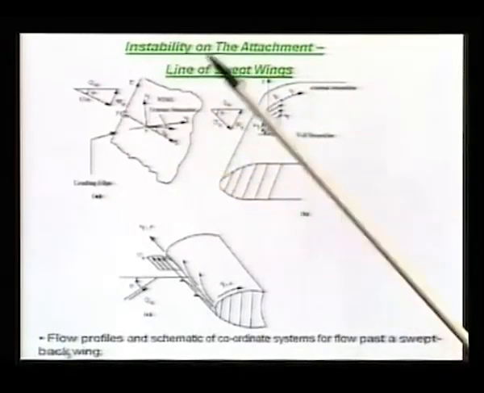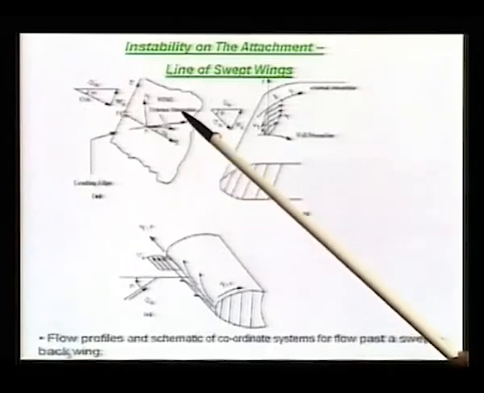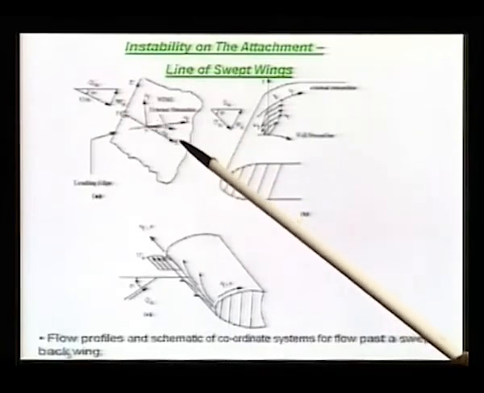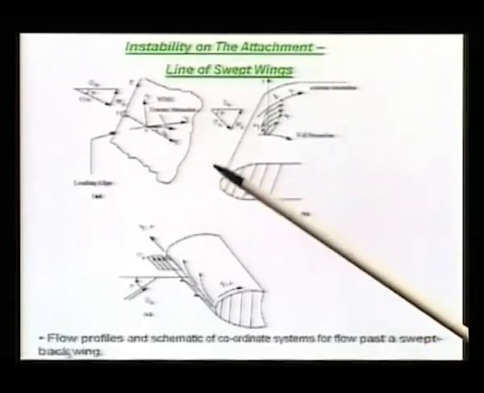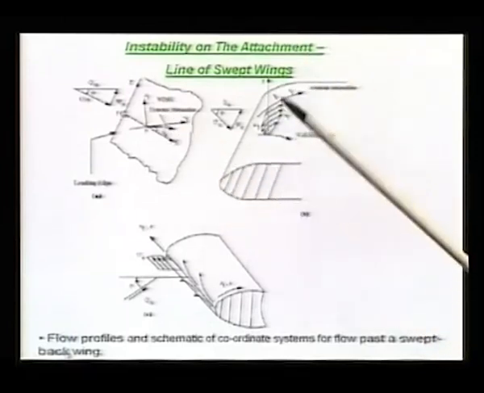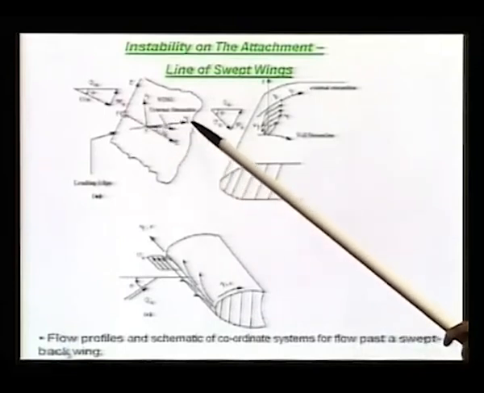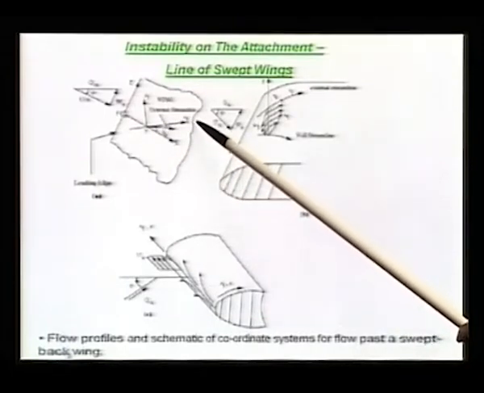Then we have the external free streamline based coordinate system. We show its projection on the wing itself, that is along this. There we draw a tangent, that is our x1 axis.